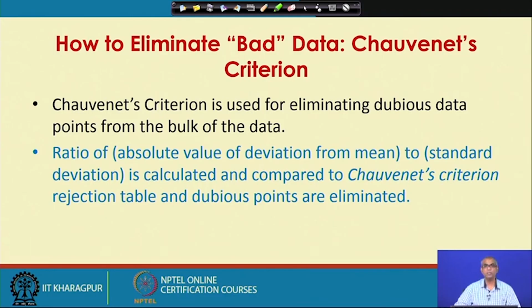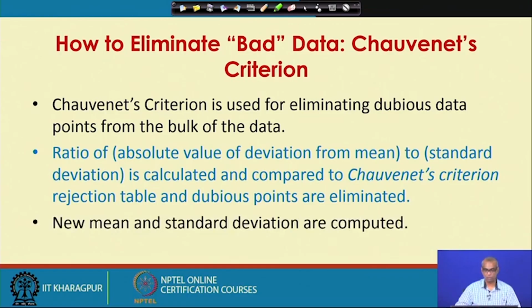So, what you have to do is, once you have the set of observations, find out the absolute value of deviation from mean and divide that by the standard deviation for each reading, and then compare it to the Chauvenet's criterion rejection table which is available, and then the dubious points can be eliminated by comparing these two data. New mean and standard deviations can be computed after you eliminate the outliers or dubious data points.